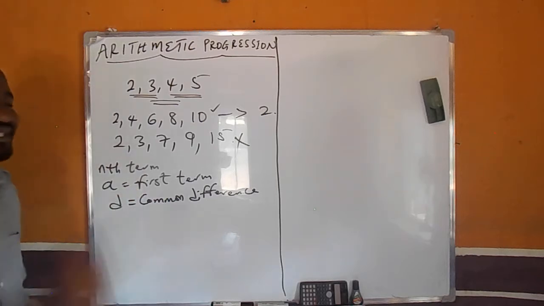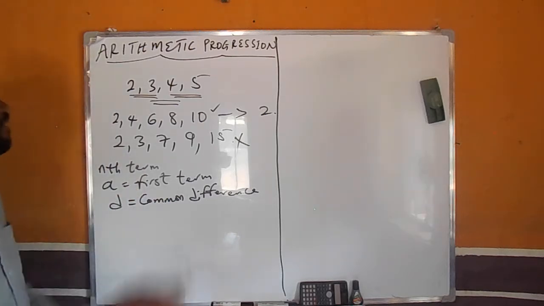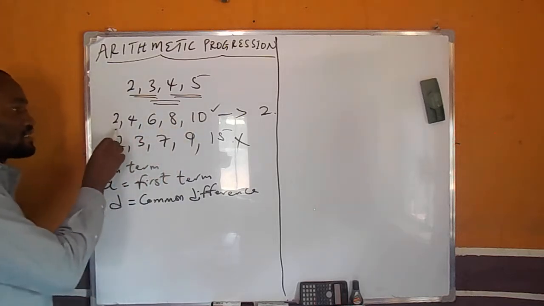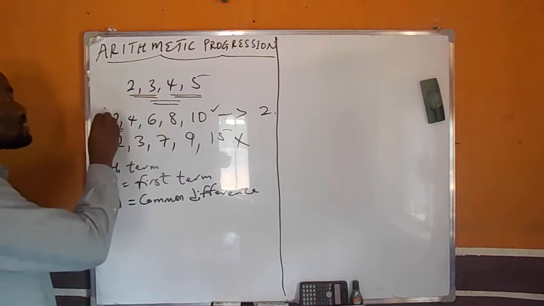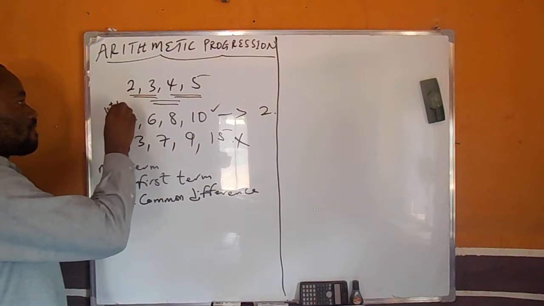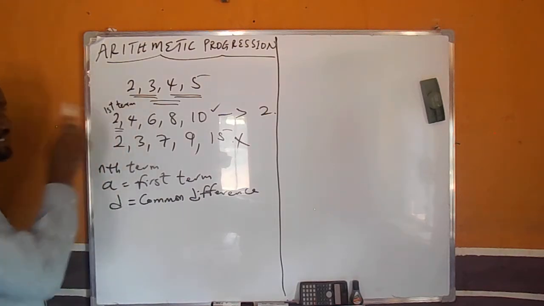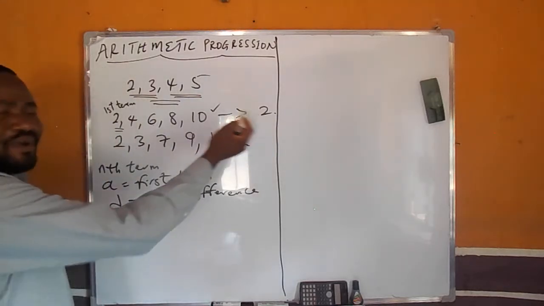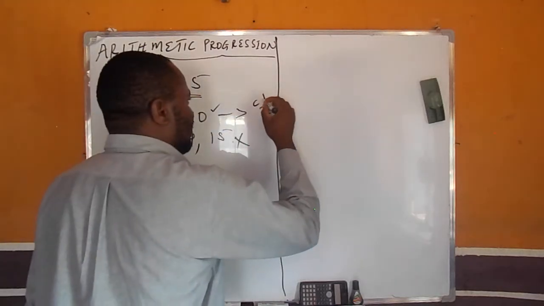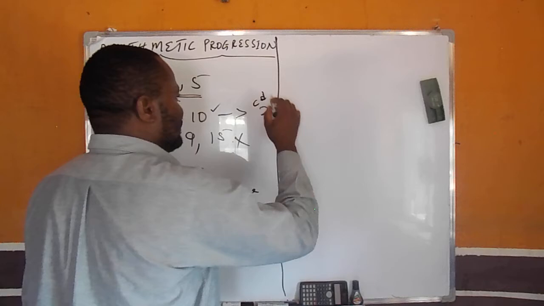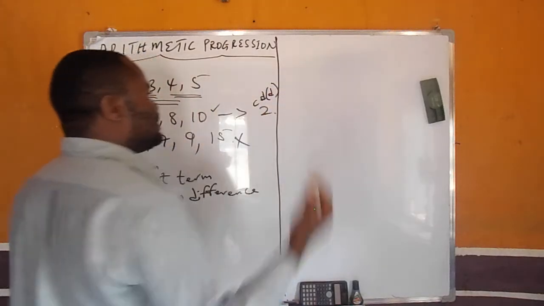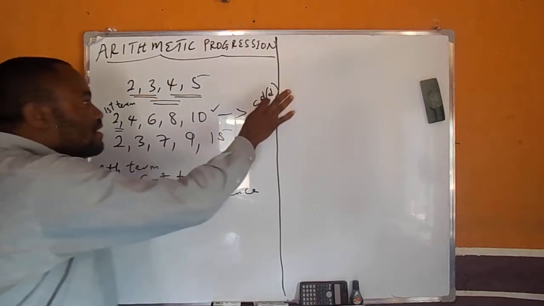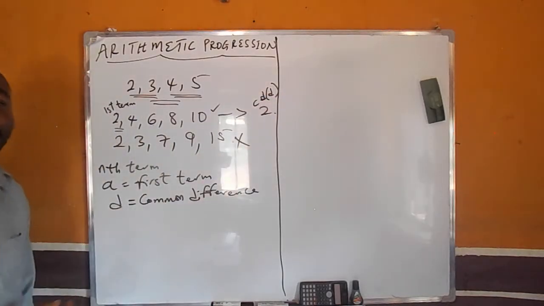A is the first term. For instance, the first term of 2, 4, 6, 8, 10 is 2. This is the first term here. Then what is the common difference? This 2 that it has increased by is known as the common difference, which is CD, which you can also call D. We will be using ordinary D as the symbol to represent the common difference.